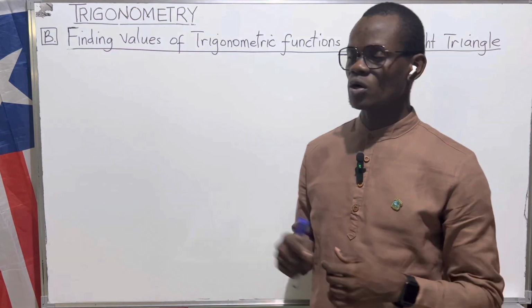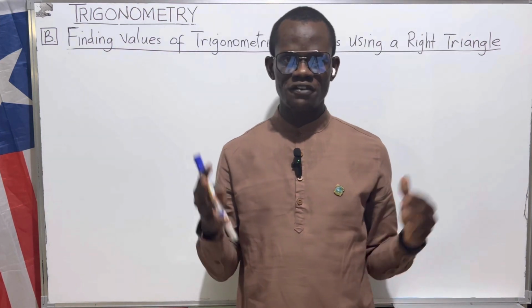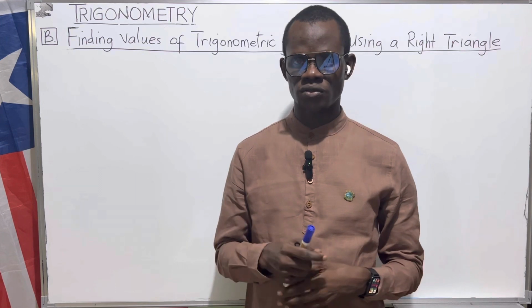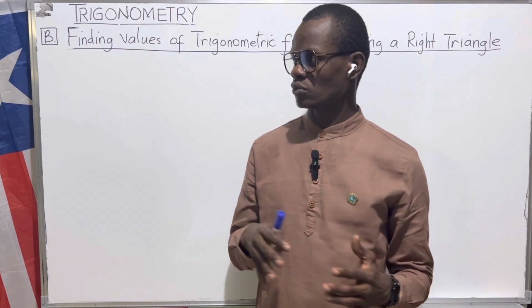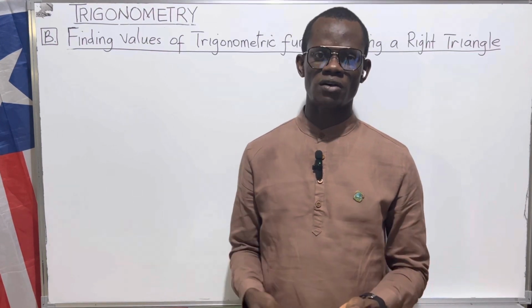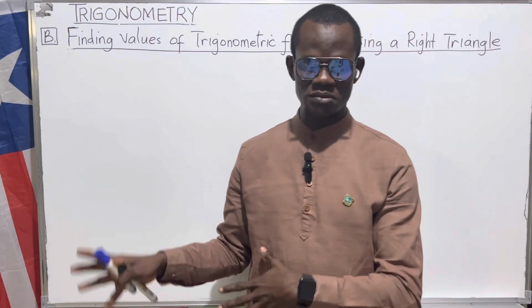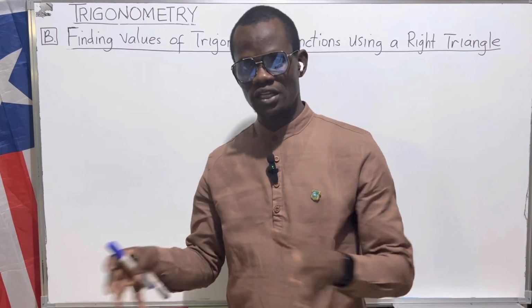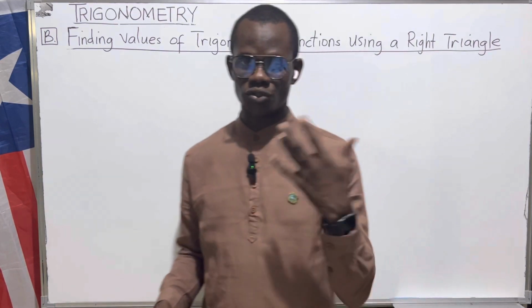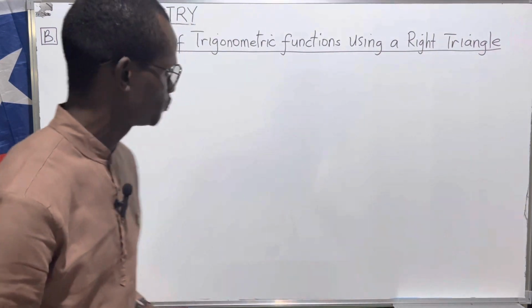But for this case, we want to just use the different definitions of the trigonometry functions given a right triangle. In the previous video, we did the definition of the trigonometry functions. So we want to use those definitions now to solve some problems.